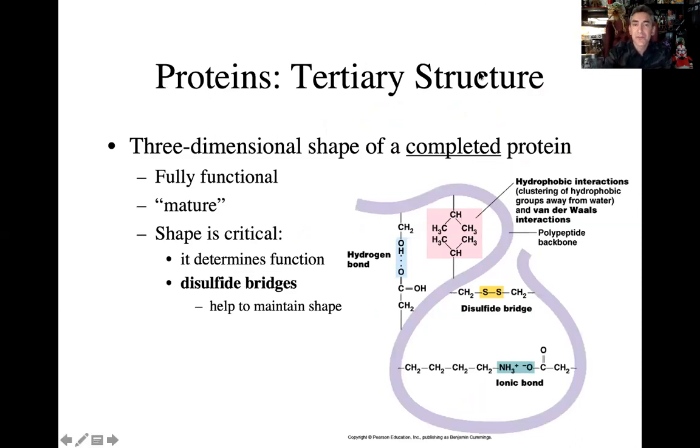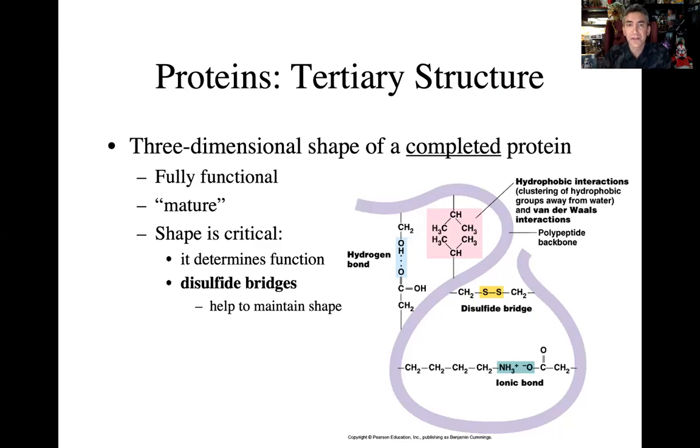So here we get to the tertiary level. Tertiary level, this is when the shape of the protein is finally completed. That protein is fully functional at this point. So, ding, ding, ding, test question here, right? We have to get to the tertiary level in order to have a functional protein.